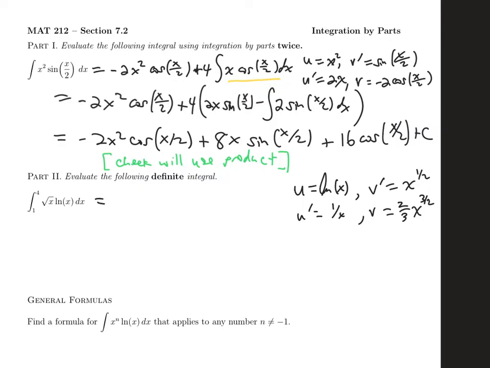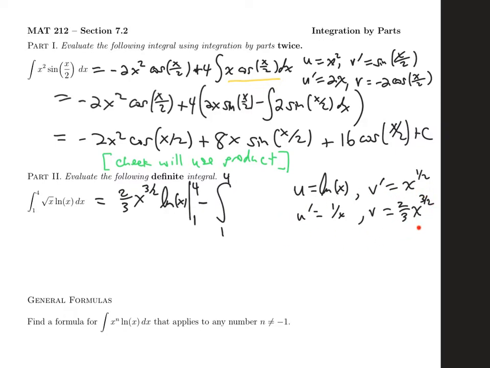So using that, using integration by parts, now I'll have u times v. So that's 2/3 x to the 3/2 log of x. This is a definite integral, so I know I can evaluate it as I go. So I can go ahead and evaluate that from 1 to 4. Then I'll have minus the new integral over the same interval, which will be the integral of the product of these two things.